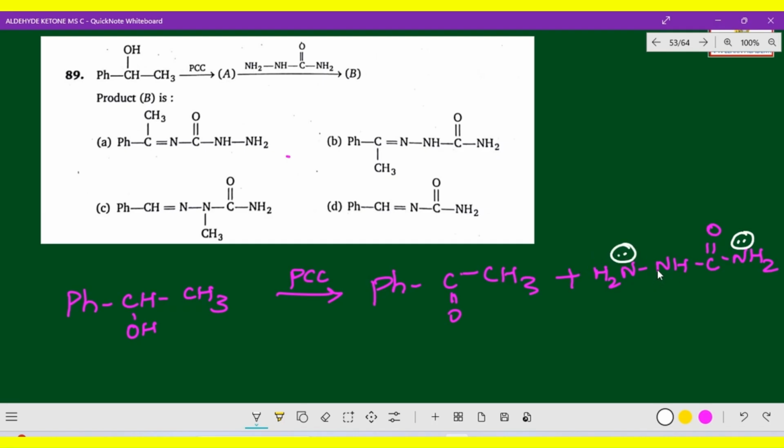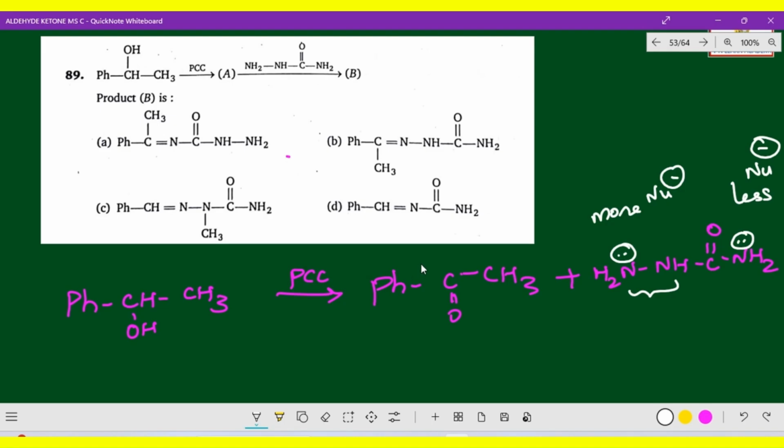So this is actually a nucleophilic attack. Now, on which side will you get more nucleophilic attack? It is like a tug of war: whichever side has more strength, the people will pull that way. In the same way, here this side is more nucleophilic, more nucleophile is available, and here less nucleophile is available.